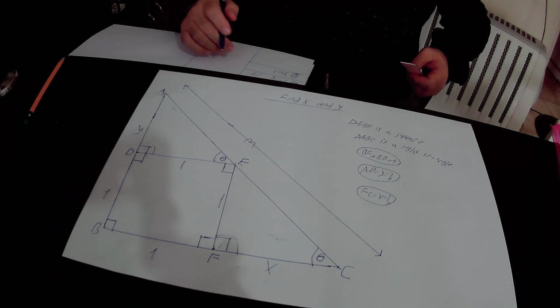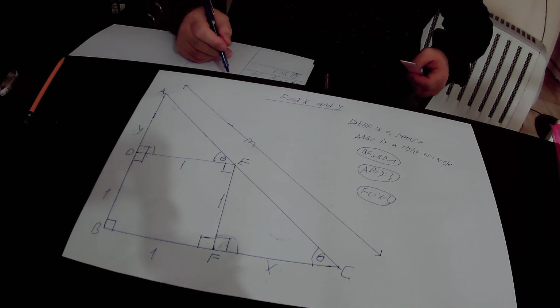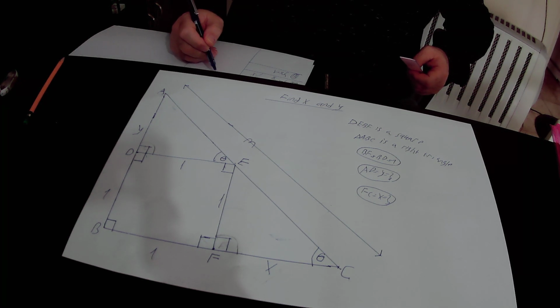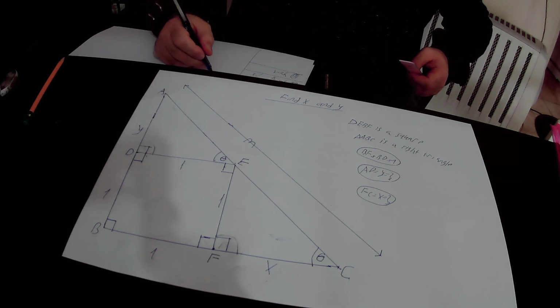The hypotenuse in the right triangle ABC is AC. The square of the hypotenuse is AC squared, and it equals AB squared plus BC squared.